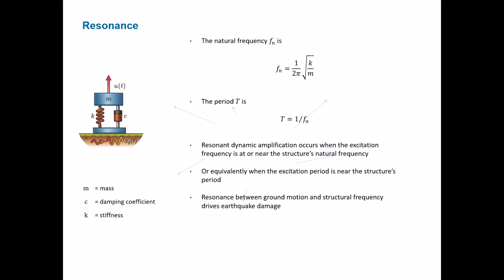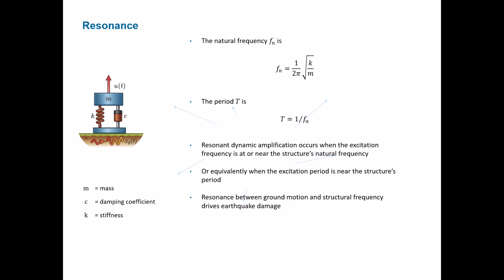So for our spring mass system on the left, the natural frequency is 1 over 2 pi times the square root of stiffness K over mass M. Earthquake engineers like to use natural frequencies, but sometimes earthquake engineers use period, which is the inverse of frequency, and the seismologists prefer to use periods. So we're concerned about resonance.